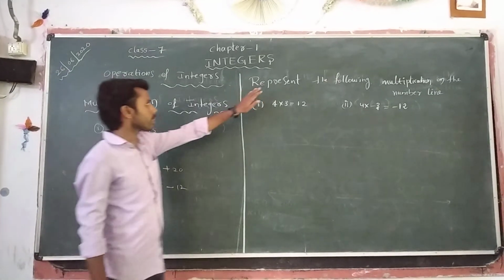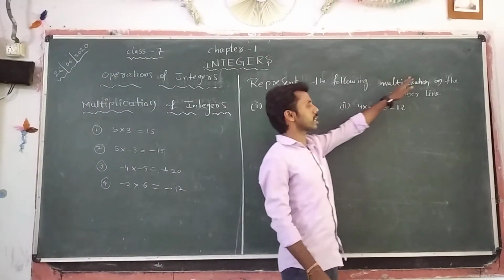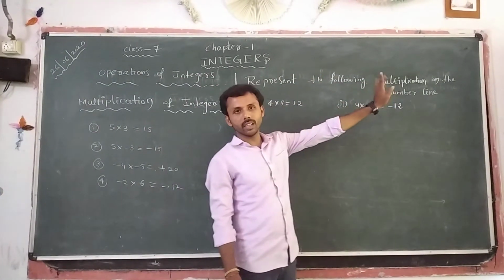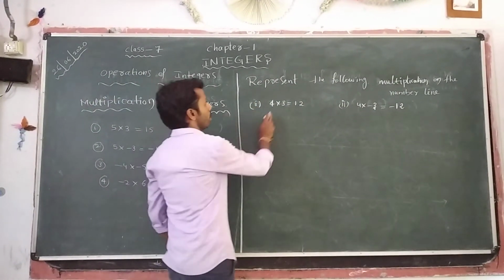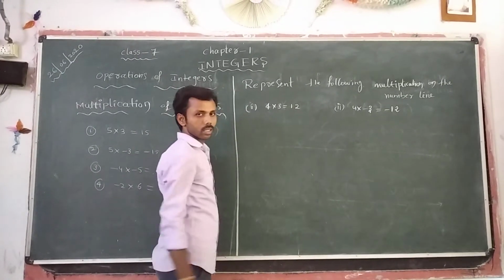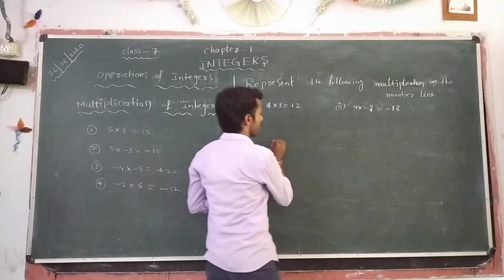Next, represent the following multiplication on the number line. First one, 4 into 3 is 12. Represent it on the number line. First draw the number line.